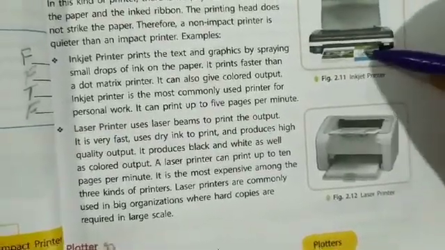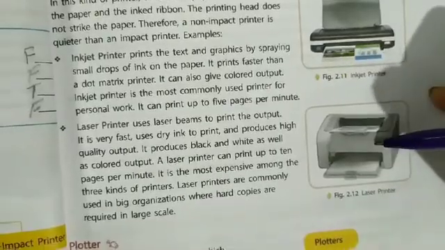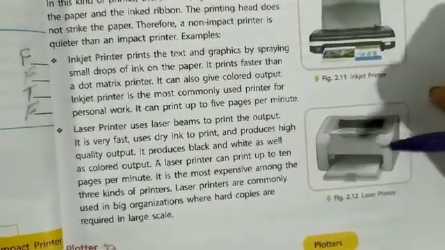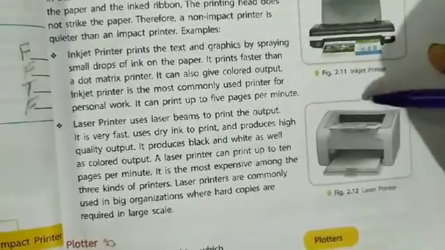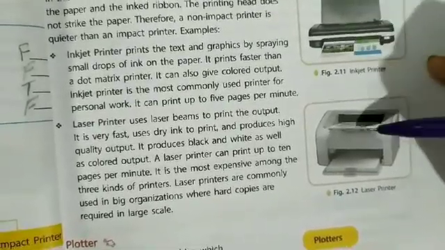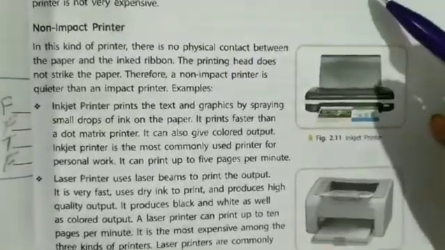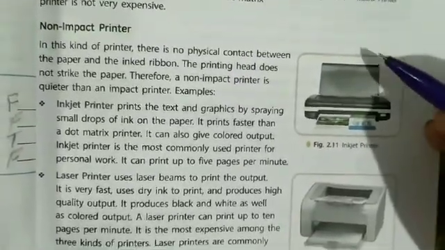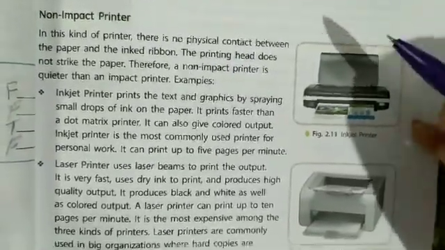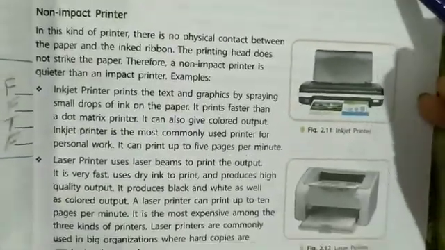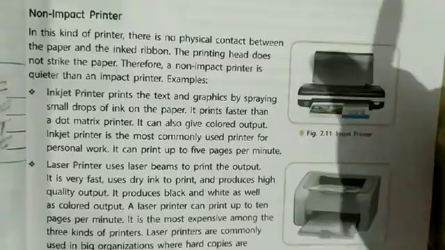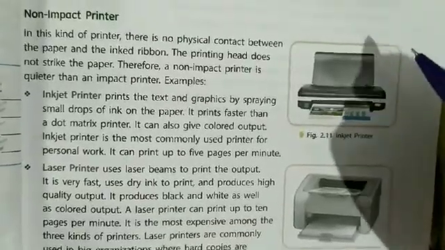One is the inkjet printer, second is the laser printer. Students, what you have to do: out of these 3 printers you have to draw any one printer as an output device in your copy. Go through the video and watch it carefully, and after that draw it.